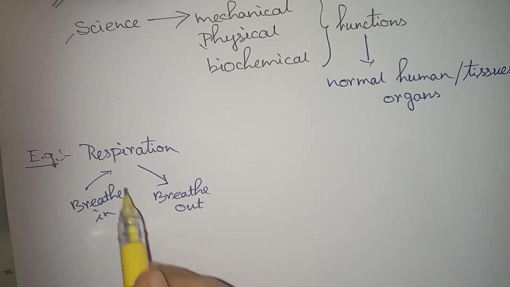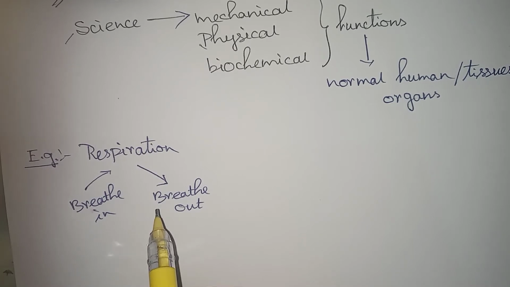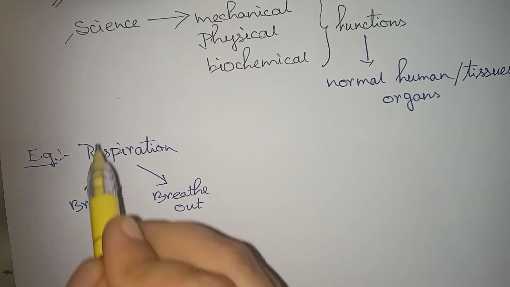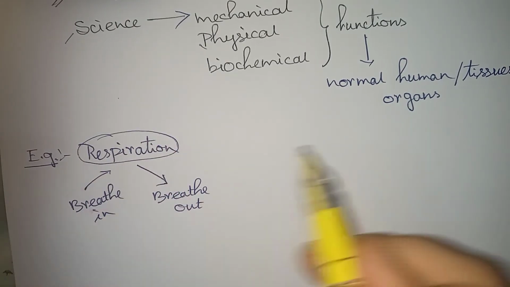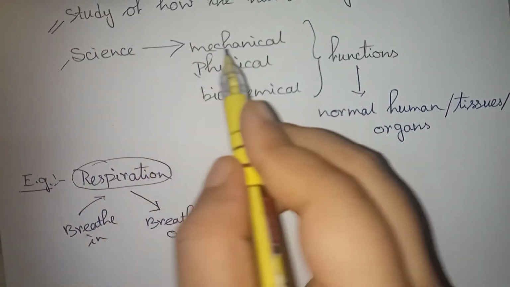Now let us find out what the mechanical function in respiration is. The mechanical function is the function of the muscles. The different muscles related with respiration which are moving, this is called the mechanical function.